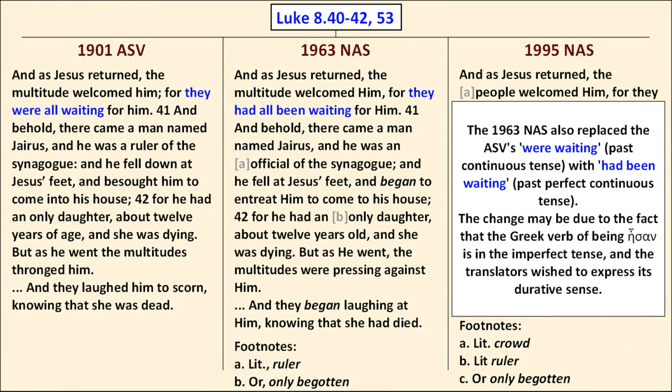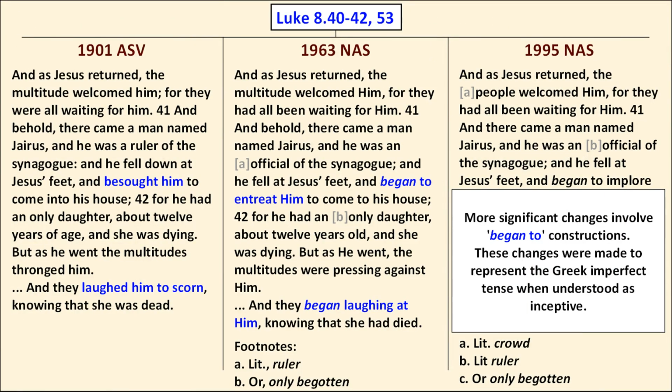The 1963 NAS also replaced the ASV's "were waiting," past continuous tense, with "had been waiting," past perfect continuous tense. The change may be due to the fact that the Greek verb of being, "eson," is in the imperfect tense, and the translators wish to express its durative sense.